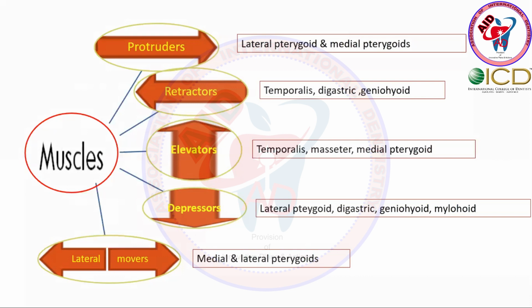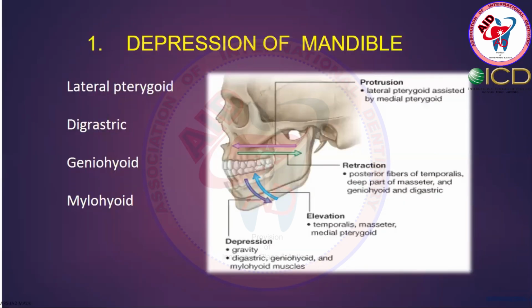You see, again, I go. Depression is done by the lateral pterygoid muscle, digastric, geniohyoid, mylohyoid.